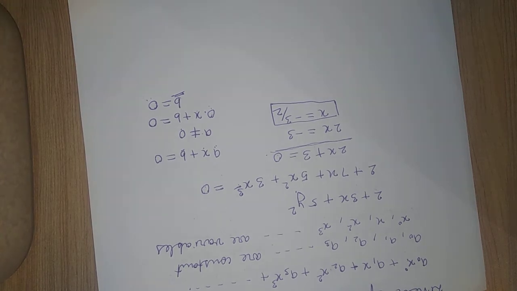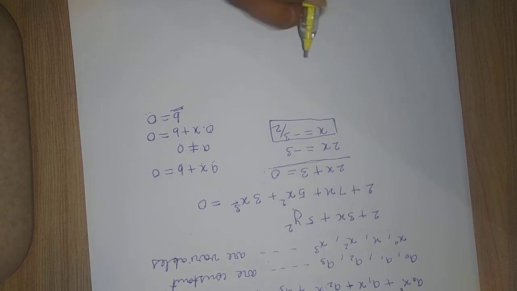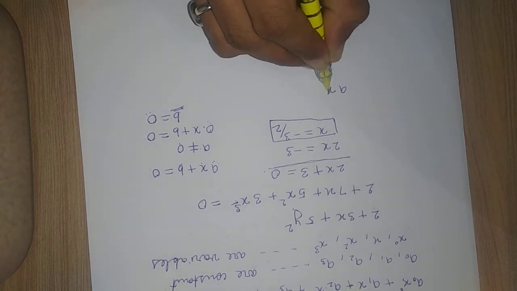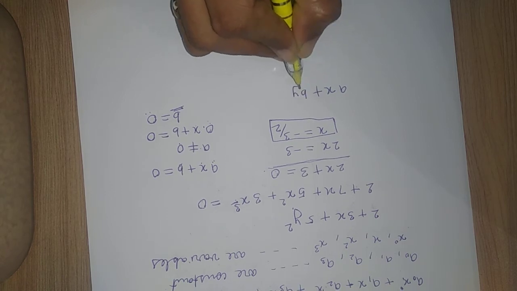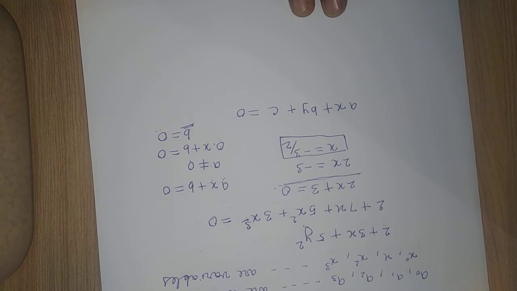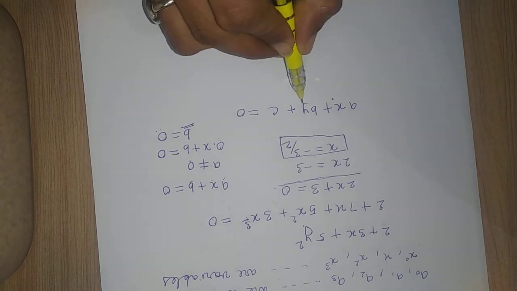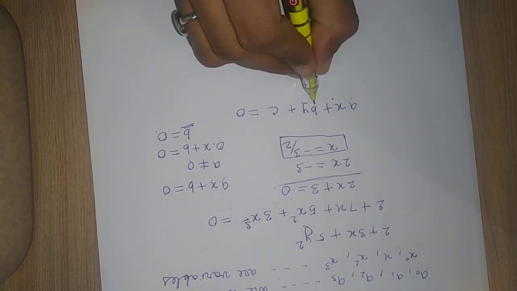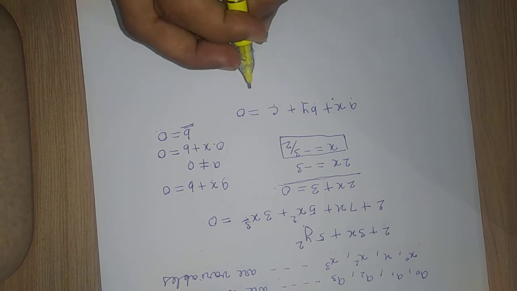Now the next is linear equation in two variables. So standard form of linear equation in two variables is ax plus by plus c is equal to 0. Here x and y are variables while a, b, c are constants.